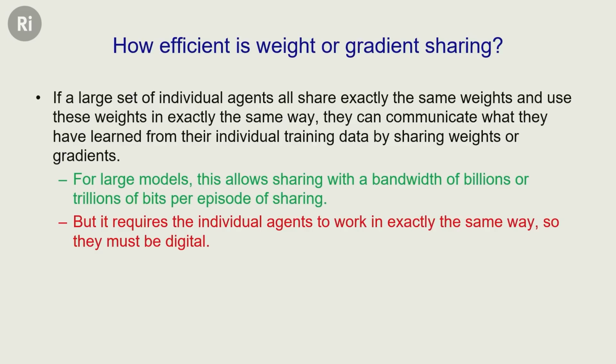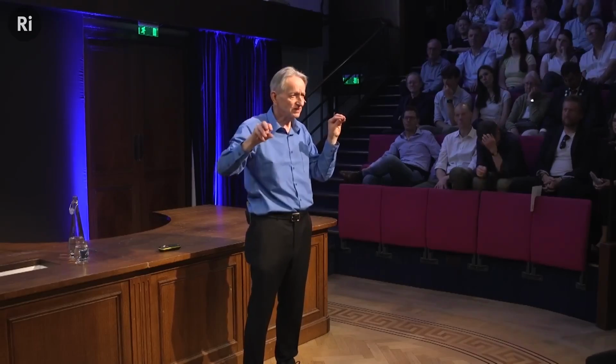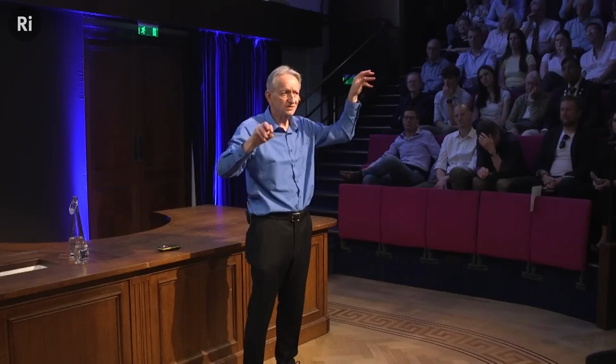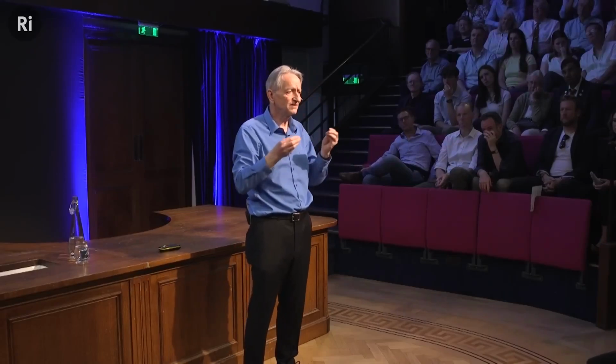Then all of the copies say, let's all change our weights by the average of all those changes. And when they do that, this copy that looked at this bit of the data has changed its weights so as to benefit from the experience that this copy had when it looked at a different bit of the data.